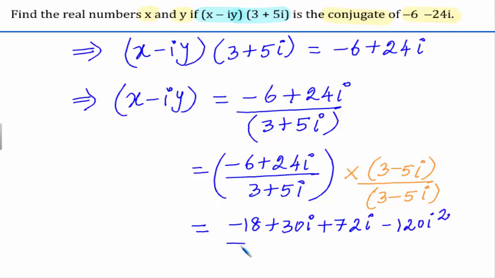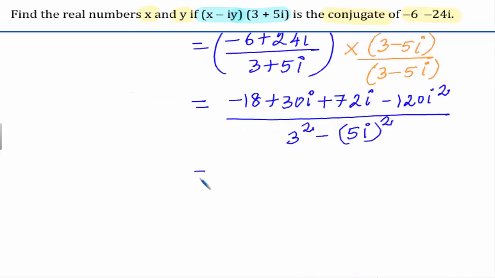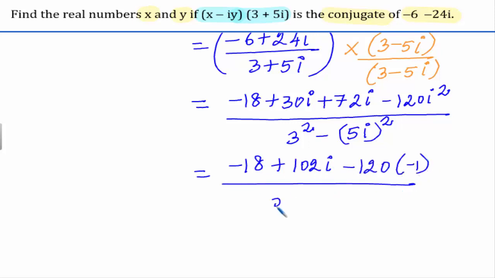And in the denominator we have 3 square minus (5i) whole square. This will be equal to minus 18 plus 102i minus 120 multiplied by minus 1, divided by 9 minus 25 multiplied by minus 1.